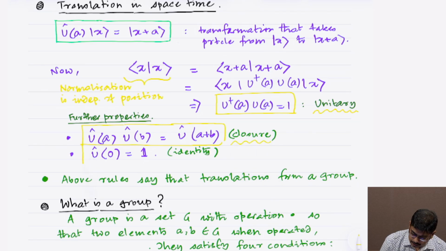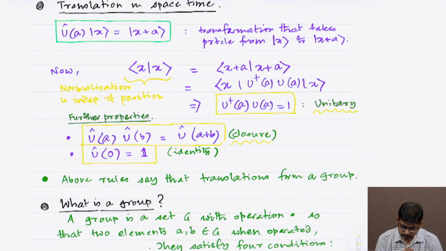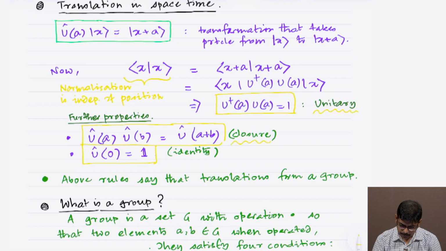And then there is another important point: if you translate by 0 units, so to say, then you get an identity matrix, because you are not doing any kind of translation at all. And then you can also do something like a reverse translation. You translate to x plus a, and from there you take a reverse transformation by minus a and return back to your previous position.